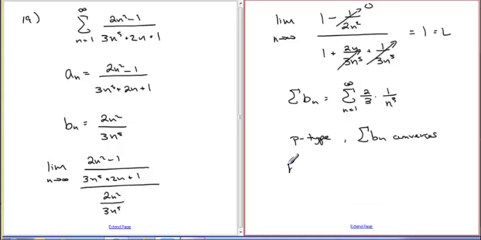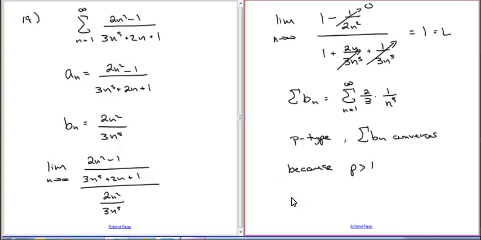because p is greater than 1. And if you want to check that out, you can go back to the previous section, look under p-type, and it says if you have 1 over n to the p, if p is greater than 1, it converges. So this converges because p is greater than 1. And so since this converges and this has a limit, then this function also converges.